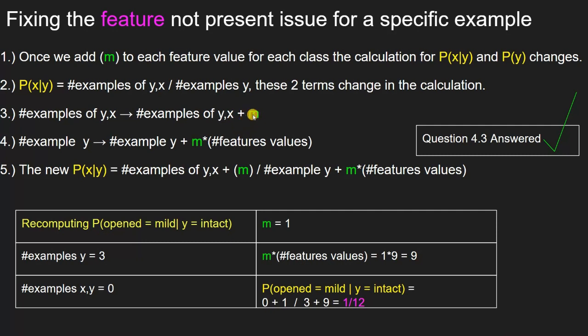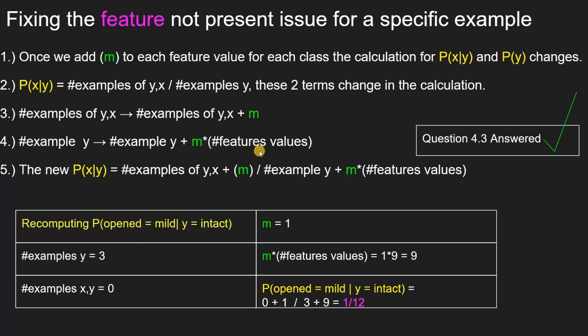Because we add m for a particular class for each feature value, right? And the number of examples where we had class y changes to the number of examples where we had class y previously, plus m times the number of feature values, right?